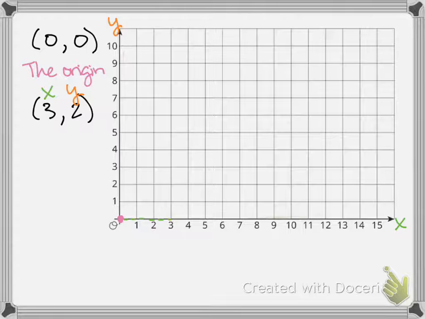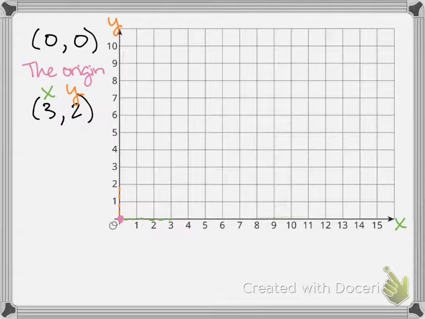And then my y is 2. So I'm going to start at the origin and I'm going to go all the way up to 2. And now here's where I can find out where the point is. I need to find a spot where this 3 and this 2 are going to intersect, or where they meet.